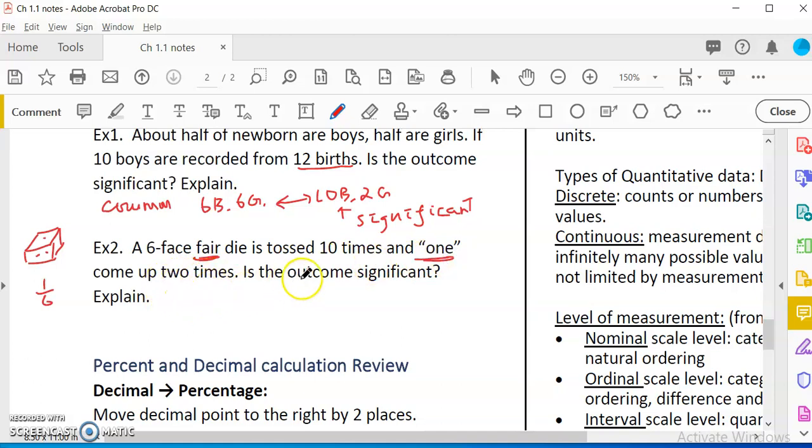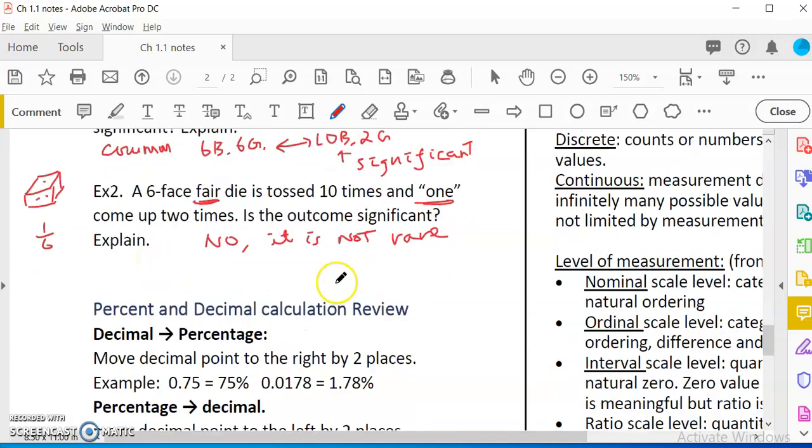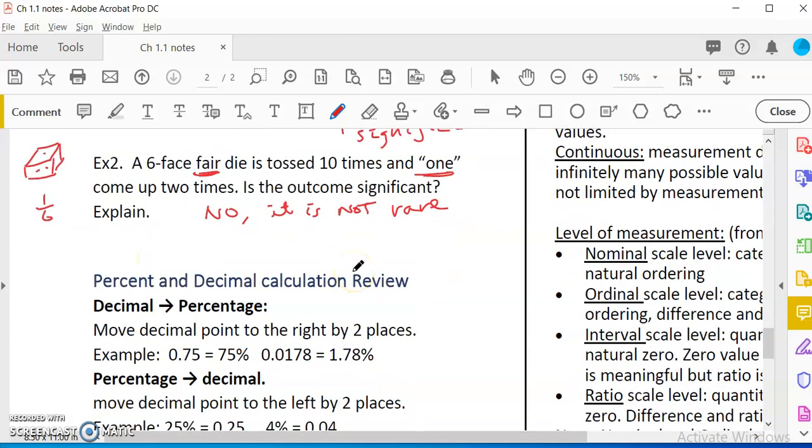So it comes up 2 times. Is it significant? You would say no, because it is expected. It is not unusual. It is not rare. It is not surprising that you have only 2 ones. If all of the 10 times that you throw it, 1 comes up 10 times, that is significant. But this is not significant.